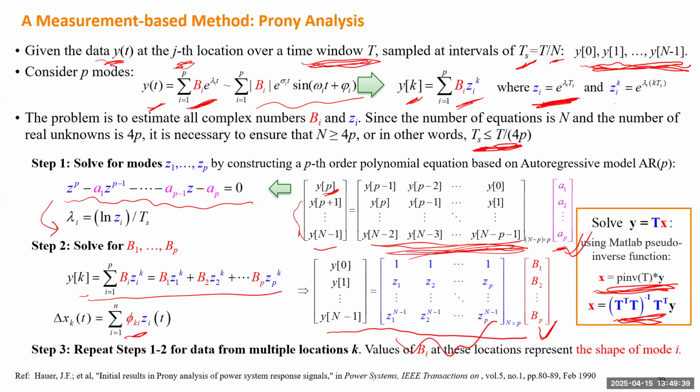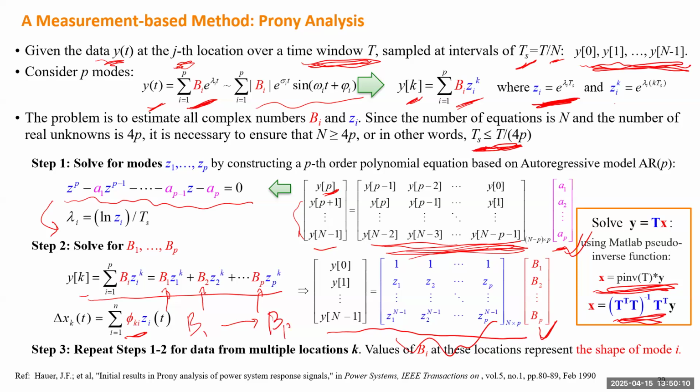Okay. All right. So here each B represents the element for each mode, and you repeat this process k times. You have p times k numbers of the B factors. So for the second location, you will have another B1 until BP, right?